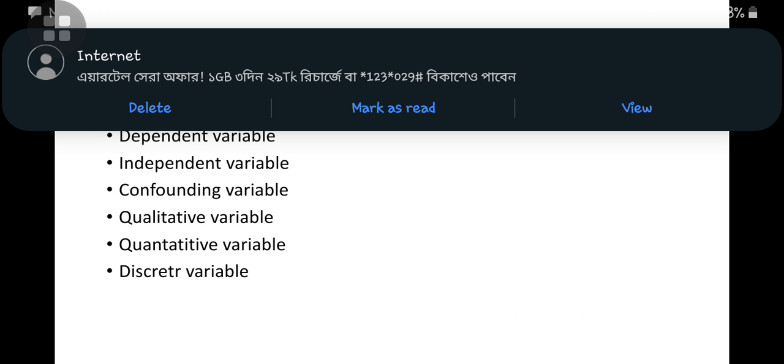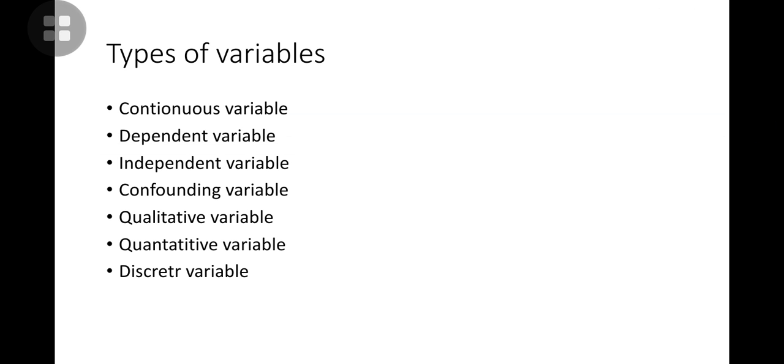Continuous variable: a variable that is not restricted to a specific value. It includes constant increment or gradation, which can be arithmetically compared or contrasted.